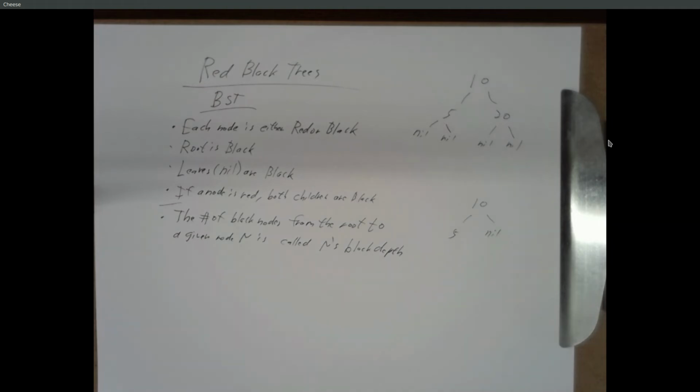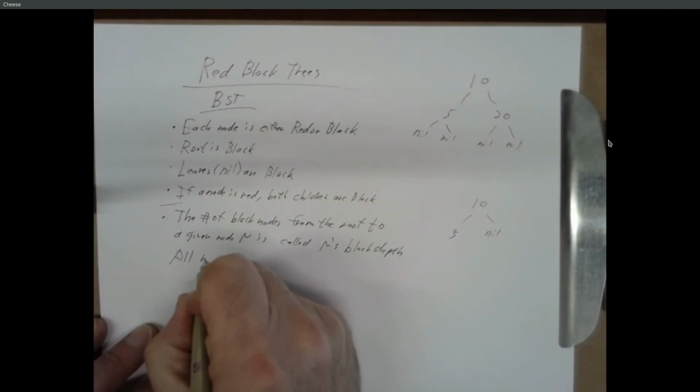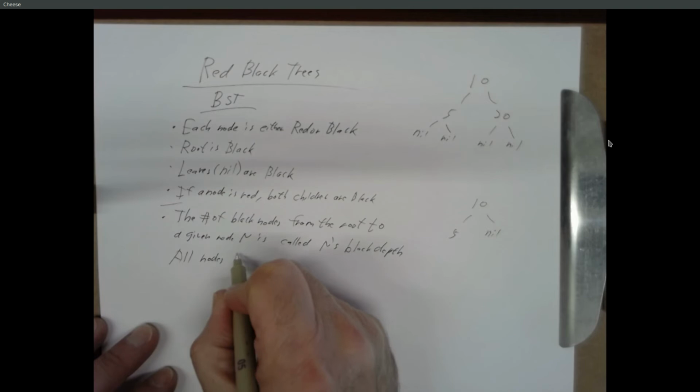So if you start at the root and you move down to a given node n, and you count the number of black nodes along the way, that's called the black depth of n. It's the number of black nodes from the root to the given node. So here's property 5: all nodes have the same black depth.